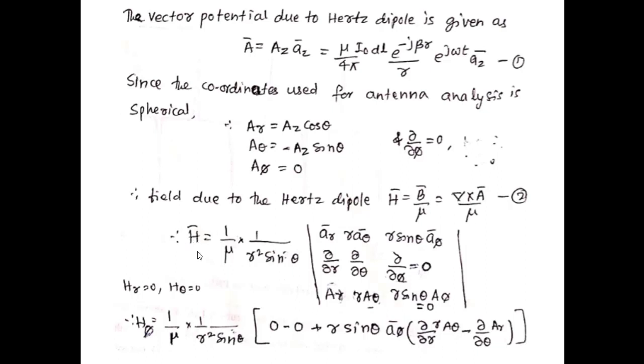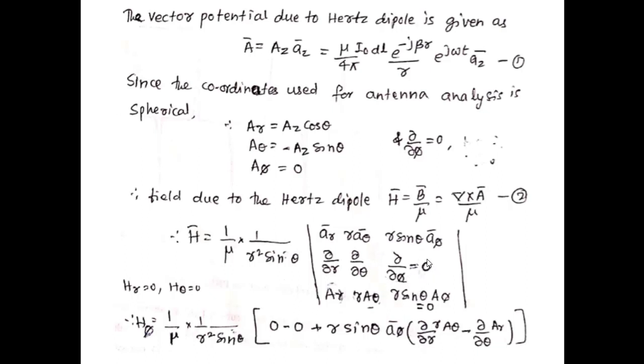Therefore, H bar is equal to 1 by mu into 1 by r square sin theta, in the matrix form. In the first row, we get unit vectors a r bar, r into a theta bar, r sin theta a phi bar. In the second row, we get the partial derivative dou by dou r along r direction, dou by dou theta along theta direction, dou by dou phi along phi direction.